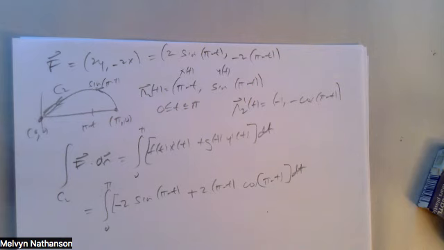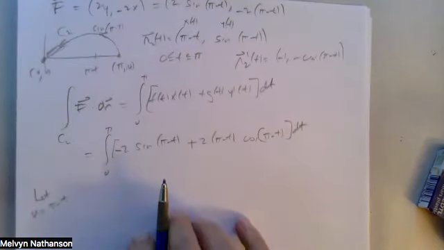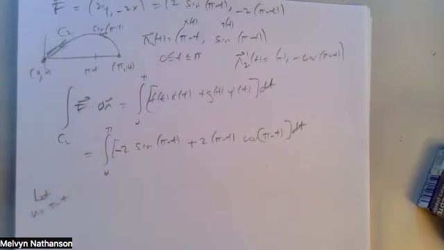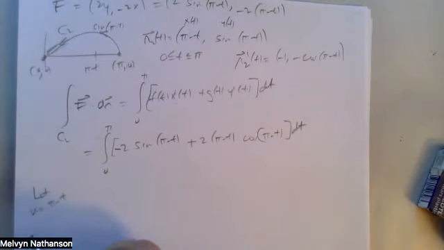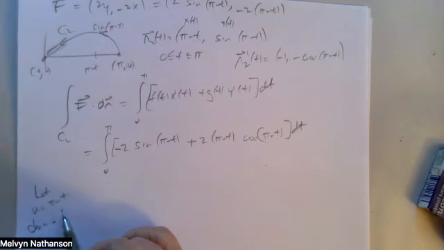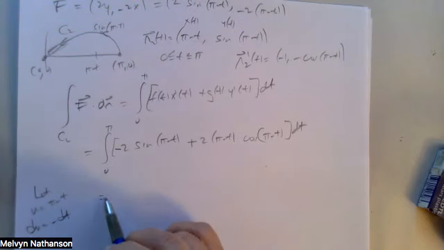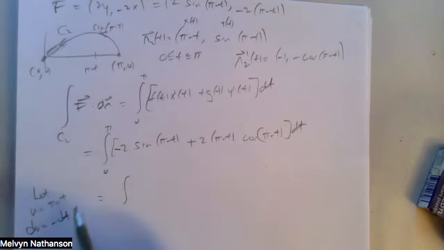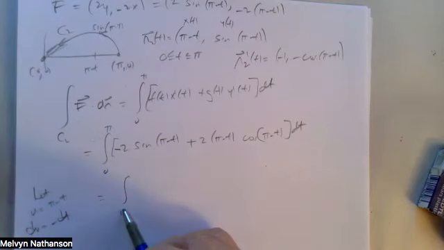If we make a substitution, just to get rid of the pi minus t's, suppose we let u equal pi minus t. So this is just back to calculus. So du is minus dt. When t is 0, u is pi.